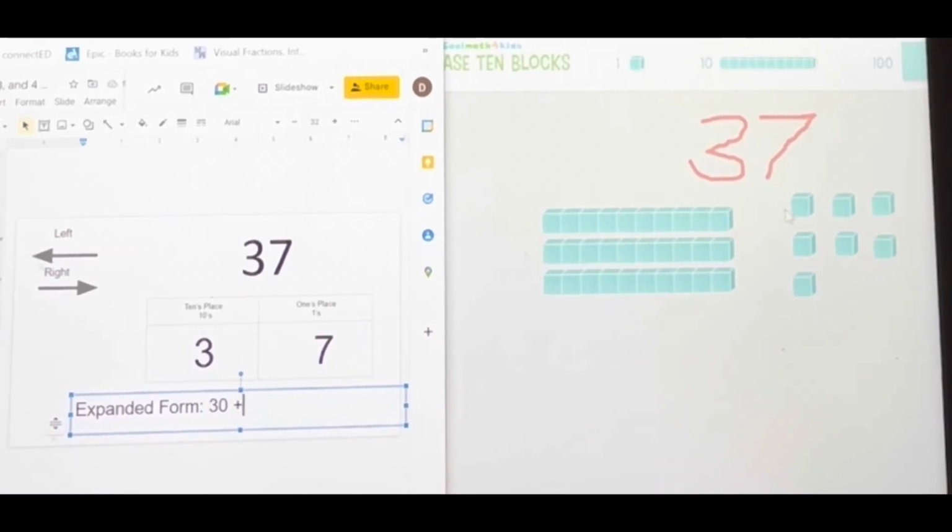Now I'm going to count out my ones. 1, 2, 3, 4, 5, 6, 7. So we have 7 in the ones place and a value of 7. So the number 37 in expanded form is 30 plus 7.